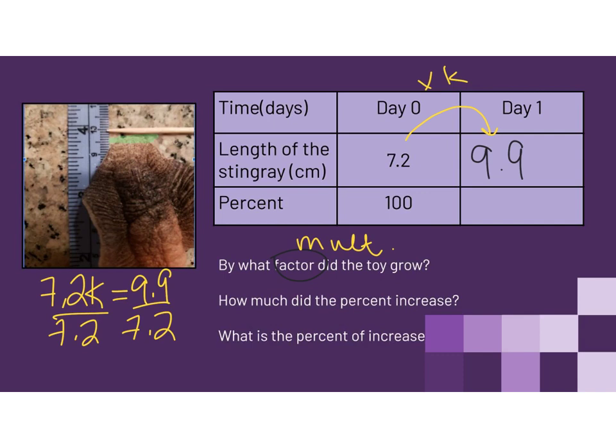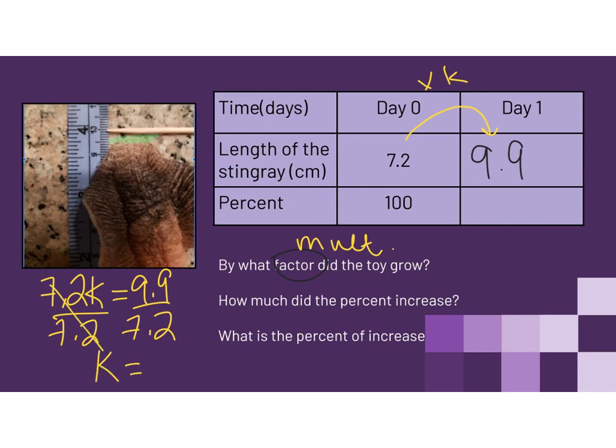Either way, yes, you're finding the unit rate. My issue sometimes with unit rate is, do I divide 7.2 by 9.9, or 9.9 by 7.2? I think we know it's division, but sometimes students and people in general do the division upside down. If I write an equation, I'm not going to get that wrong. That's why I do it.